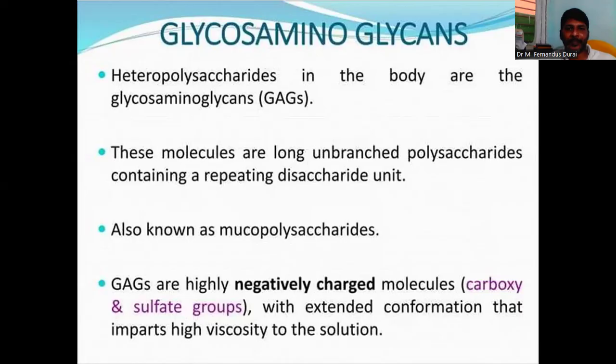It's a lubricant. These molecules are long, unbranched polysaccharides containing repeating disaccharide units. This is also known as mucopolysaccharides. You know very well that polysaccharides are carbohydrates, and this is one of the classifications of carbohydrates. Carbohydrates are classified into monosaccharides, disaccharides and polysaccharides. A disaccharide contains 2 units of monosaccharide, while a polysaccharide contains more than 10 units.